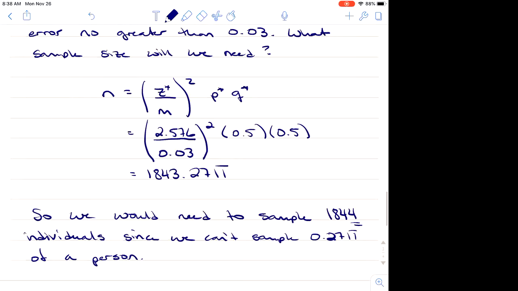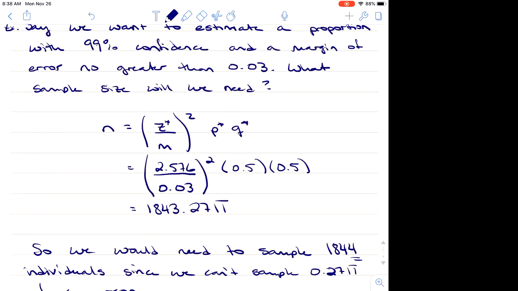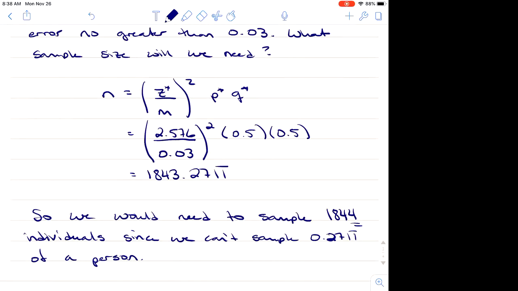The only sneaky part is the P star Q star, right? But as long as you remember that P star Q star are just 0.5, 0.5, just assuming that you have a 50-50 split before you even start sampling. Cool. Any questions about that one?